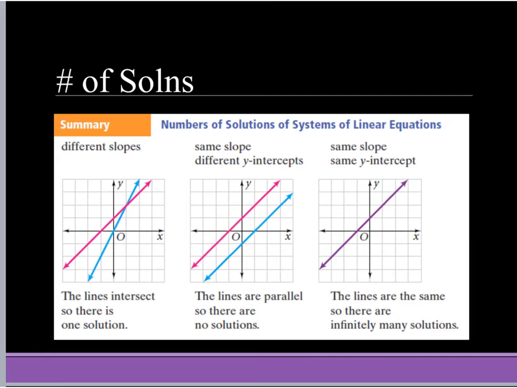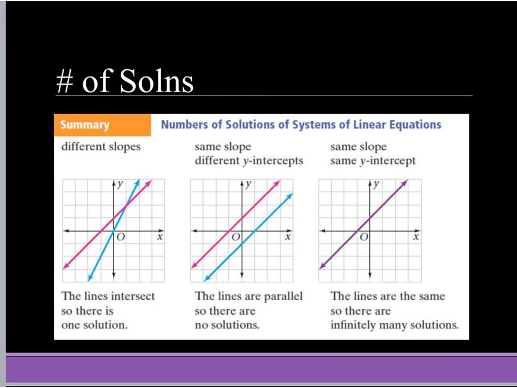So to summarize what we just went through, when you have equations that have different slopes, then we're most likely going to get a point of intersection, or one solution, because they will cross. If you have two equations that have the same slope and different y-intercepts, remember that this tells us that we have parallel lines, and with parallel lines, we have no solutions.